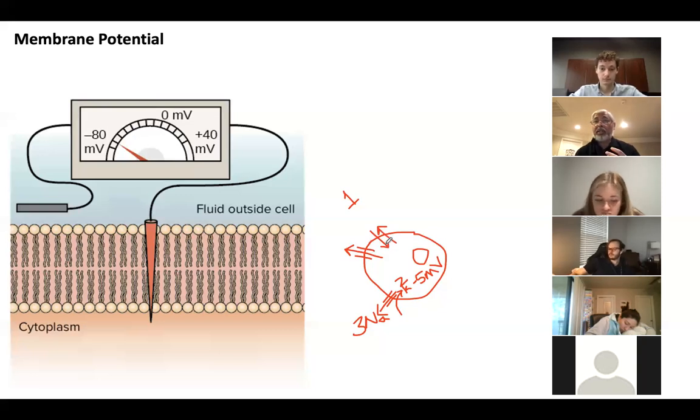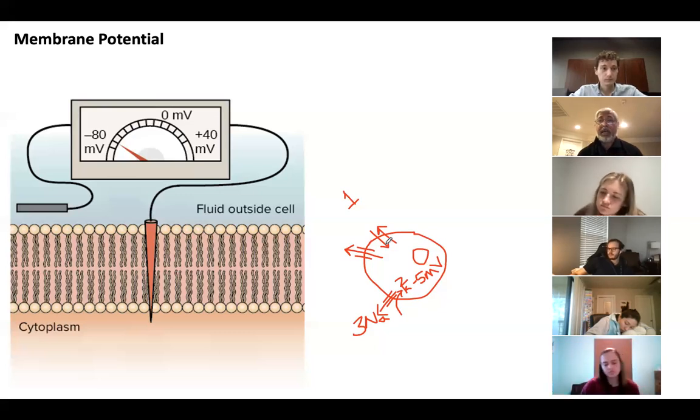So the concentration gradient, the chemical gradient, will be the predominant force. If that is the predominant force, potassium will keep going out, right? Now, if potassium is moving out through this leak channel, what will happen to the inside of the cell in terms of electricity? It will become more negative, right?